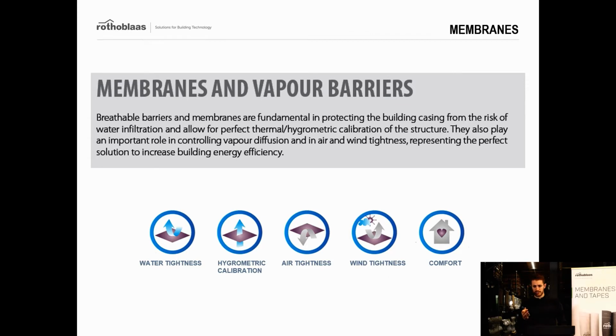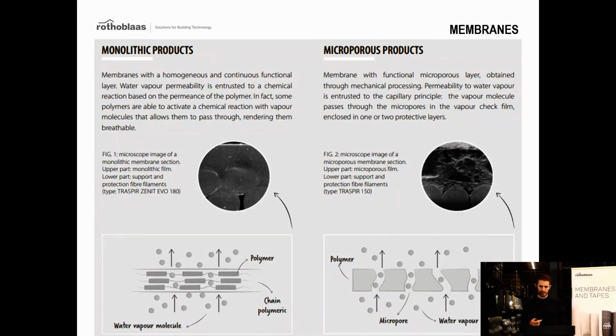What changes is what we just explained, the SD, the resistance to the vapor passage through the membrane. There is another main difference in membranes, and it is the following.